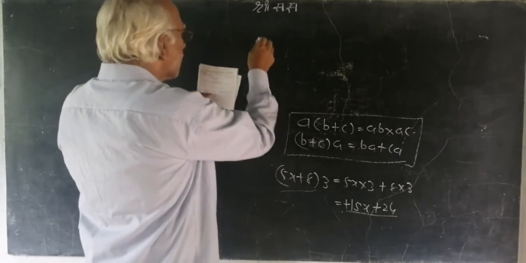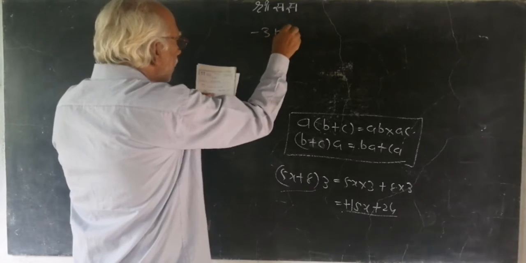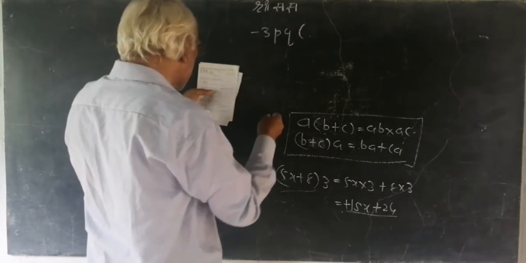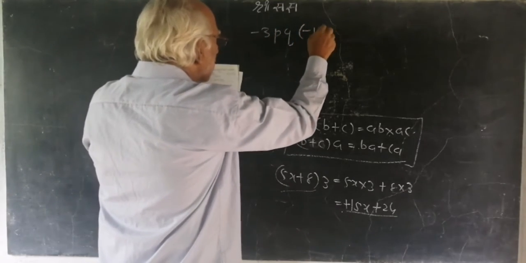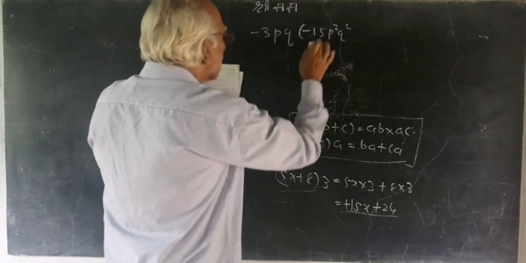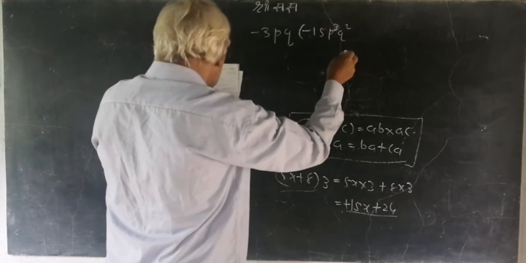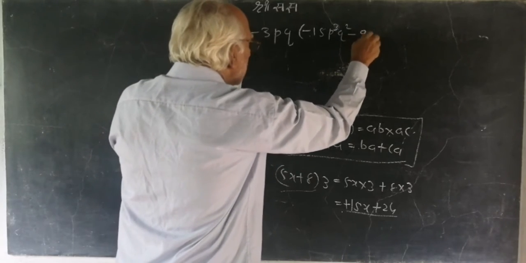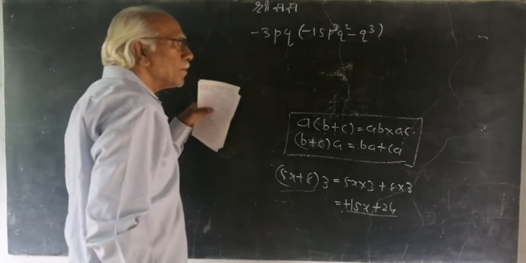Now we can take one more. Minus of 3pq into bracket minus 15 p cube q square, and then minus q cube.